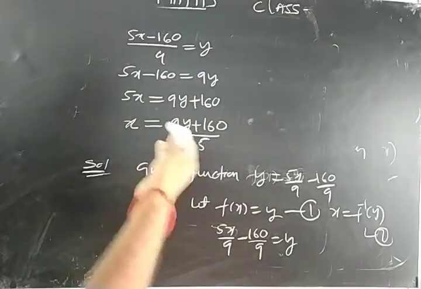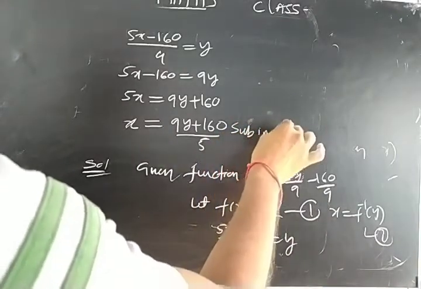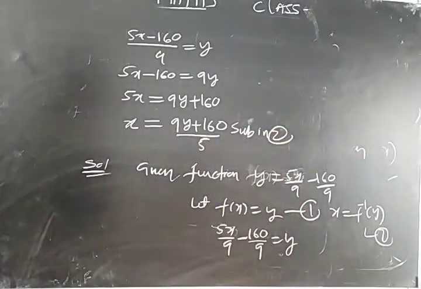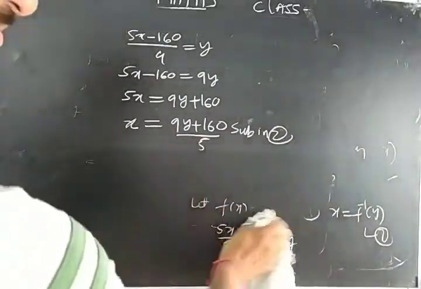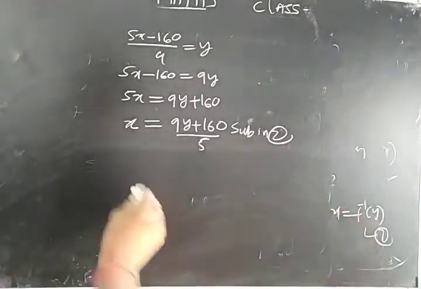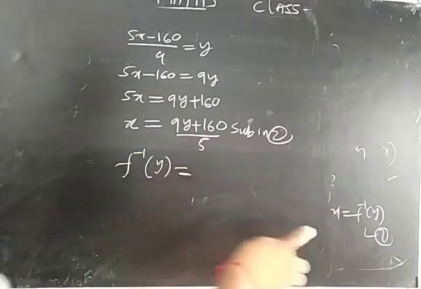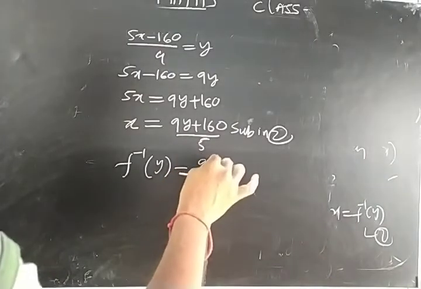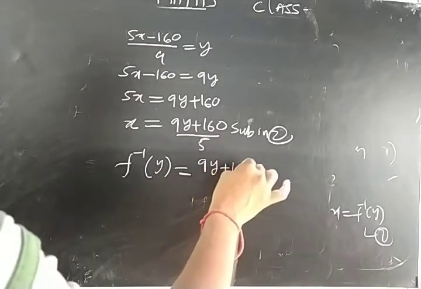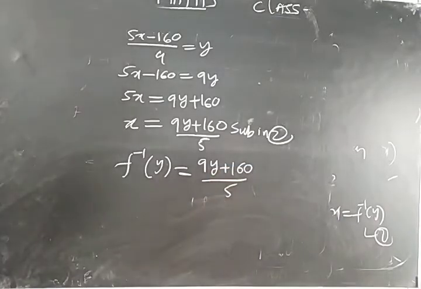Now I will substitute this. See what you will get. I am substituting the x value on the left hand side. So you will get f inverse of y is equal to, in place of x, what can we write? (9y plus 160) by 5.